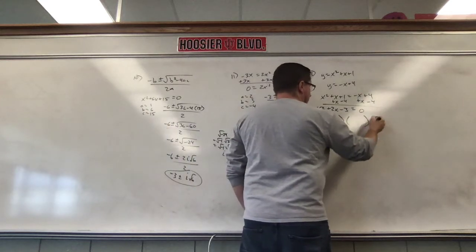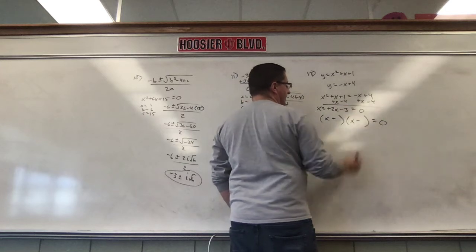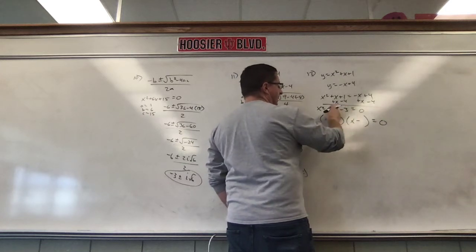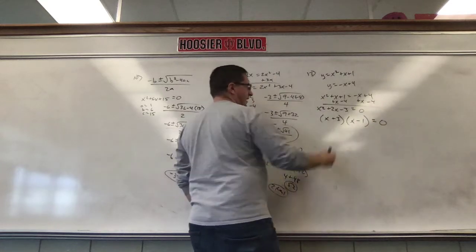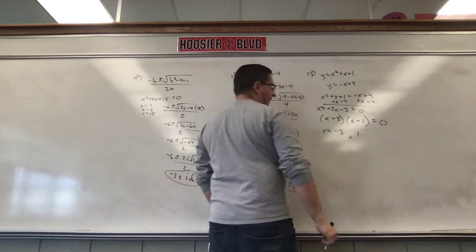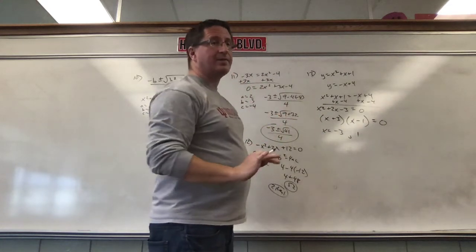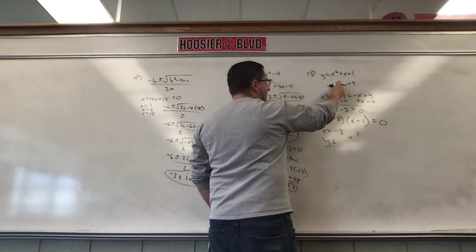So x squared is x and x. Last term's negative, so plus and minus. And how do you times to get negative 3 but add to positive 2? Positive 3 and negative 1. So my answers are x equals negative 3, which makes 0, and positive 1. You're not done though. You got to find out what your y values are. You do that by plugging them into either equation. I'm going to use this one right here.